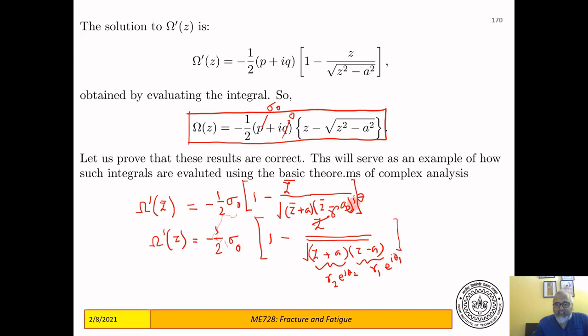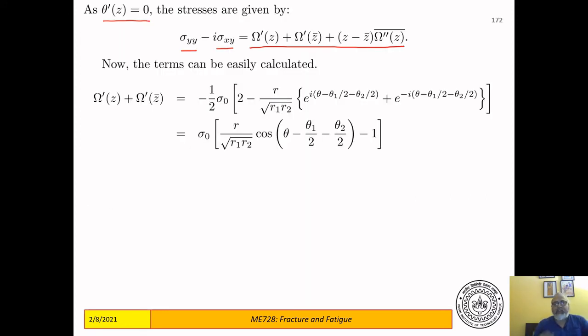So these i thetas will change to minus i theta when you have z bar. So z bar will be r e to the power minus i theta. z bar plus a bar will be r1 e to the power minus i theta 1. This will be r2 e to the power minus i theta 2. And do the manipulation. If you do the manipulation, this is what you should get. Okay, so then let us do this.